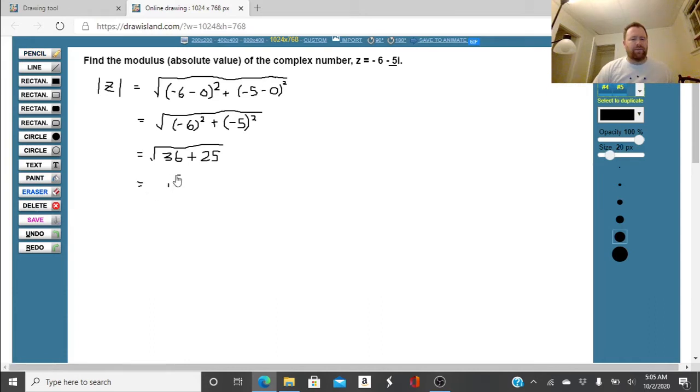That didn't come quite out as good as I wanted. So you're going to get the square root of 61. Okay, so the modulus of -6 minus 5i will equal the square root of 61. That can't really be simplified any further, so you're going to leave it as is.